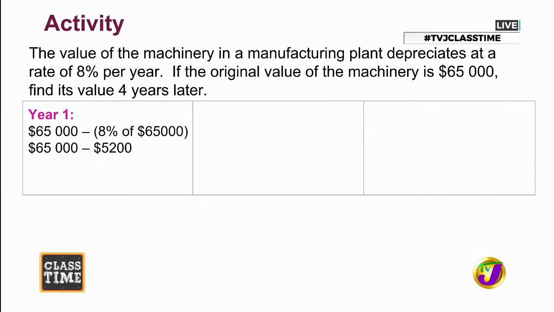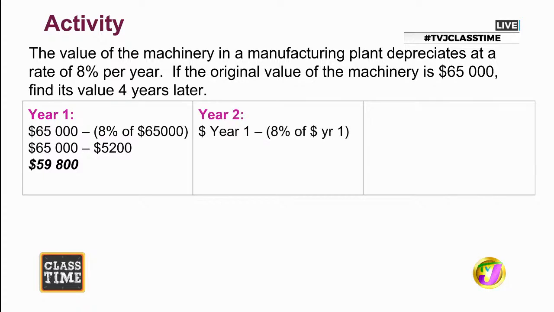So 8% of $65,000 is $5,200. Right. Once we subtract, after year one, the machinery is now valued at $59,800. See now, very big decrease. Well, let's see what happens in year two.